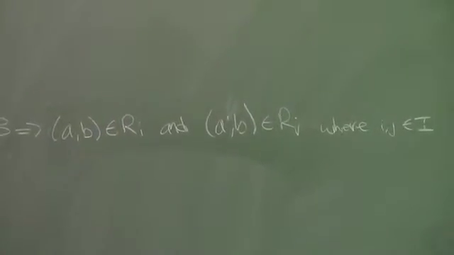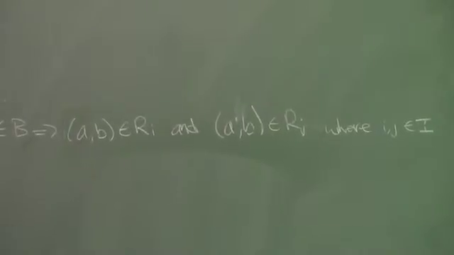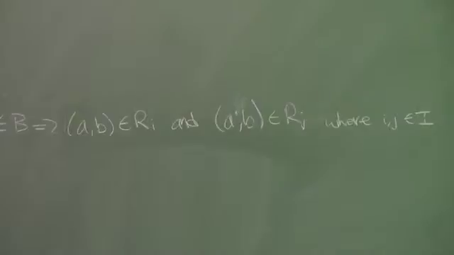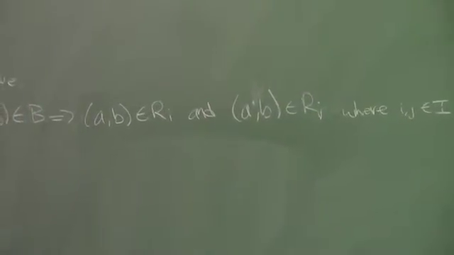But we have a chain, right? So either Ri is contained in Rj or the other way around, right?